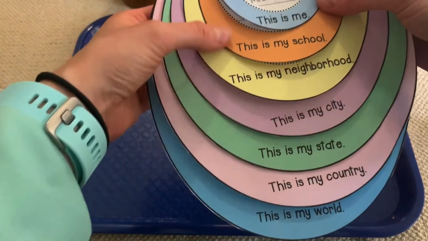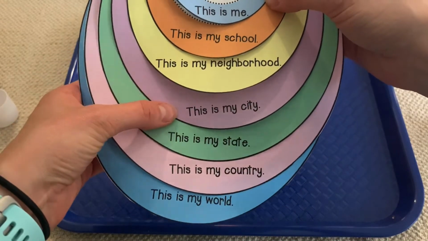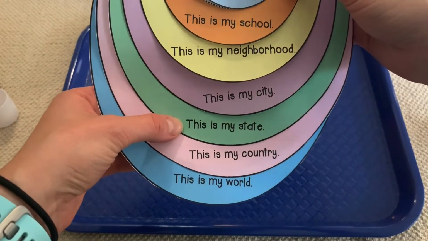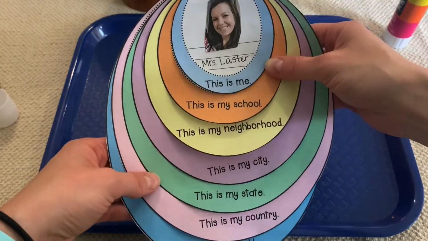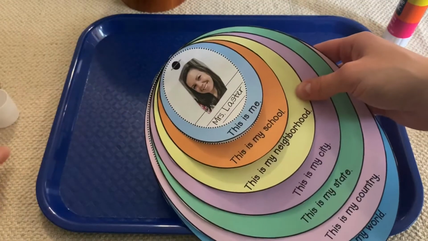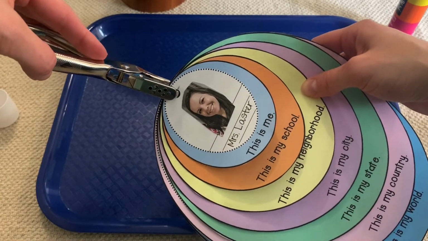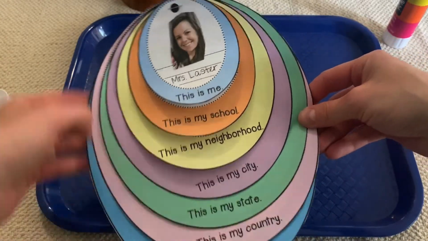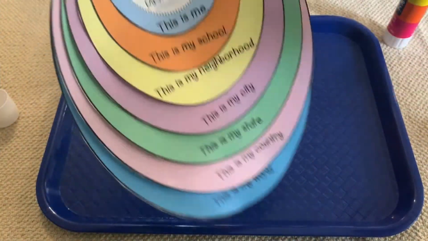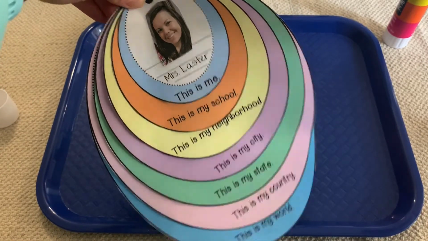This is me, this is my school, this is my neighborhood, this is my city, this is my state, this is my country, and this is my world. Or if you like, you can use a hole punch. They already have a little circle there. You can punch a hole, and you can use a little piece of string to tie it all together, and then you can maybe hang it up in your room where you can look at it every day.